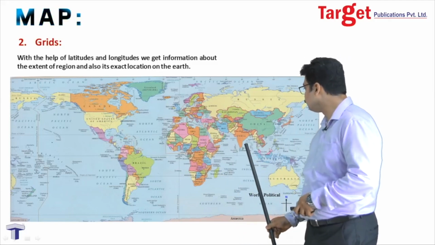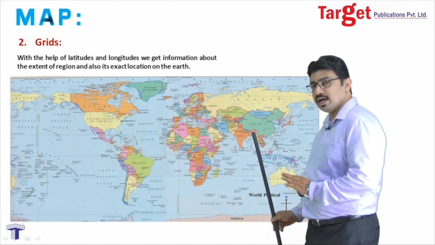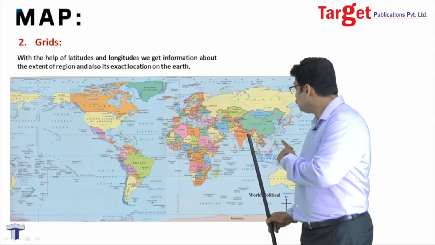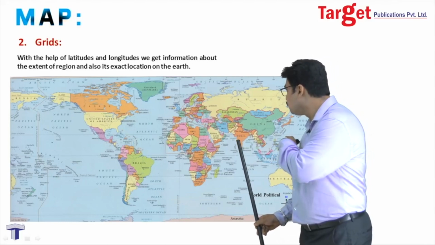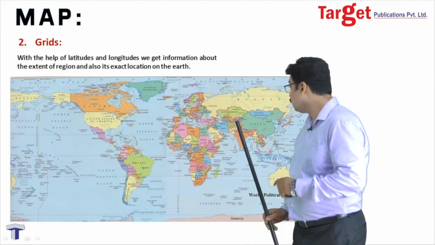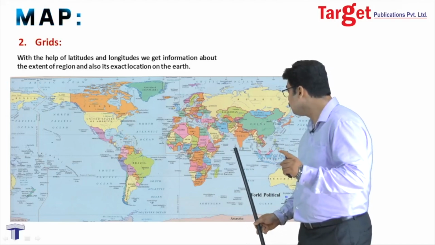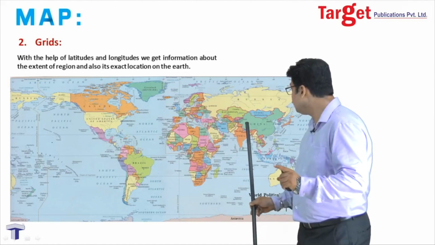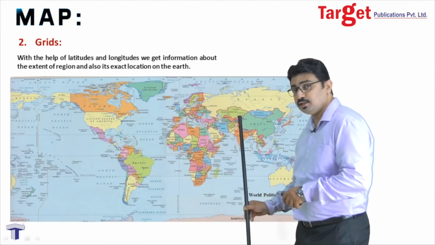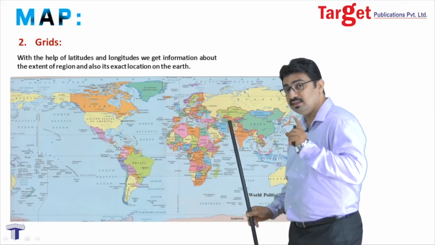It's over here. Now, if we try to understand the extent of India, it is from 8°4' north up till 37°6' north. Again, 8°4' north to 37°6' north, which means both the latitudes on the extreme ends are in the northern hemisphere.